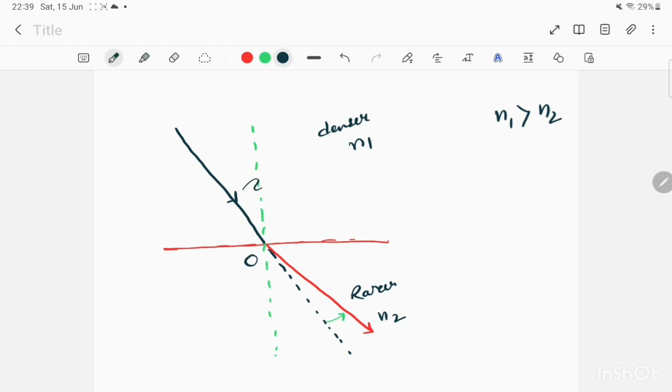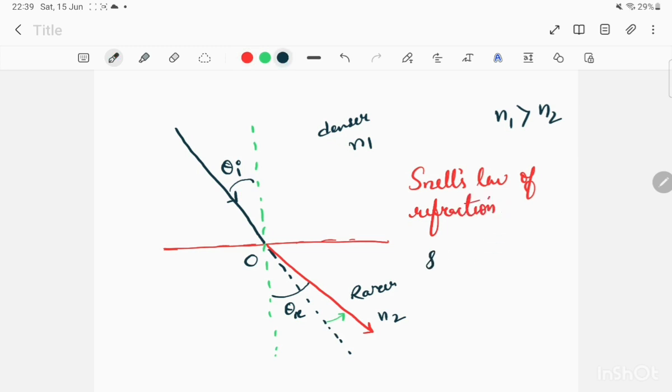Now in this case, this is our theta I and this is our theta R. So again, using Snell's law of refraction, we can write that sine theta I by sine theta R is equal to N2 by N1.